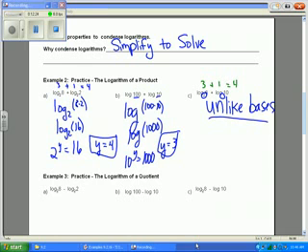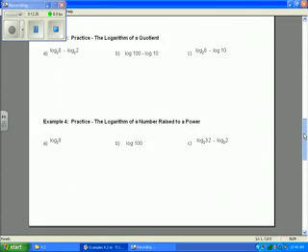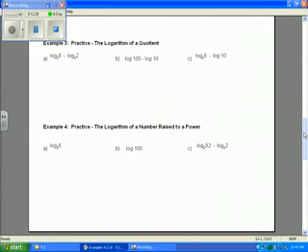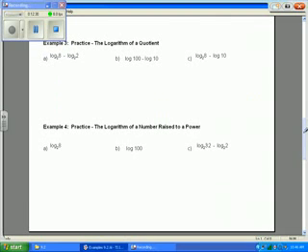Okay. Next is the logarithm of a quotient. What are these quotients going to do? Okay. Log base 2 of 8 divided by 2. So that's log base 2 of 4. So what's that saying? 2 to what power equals 4?